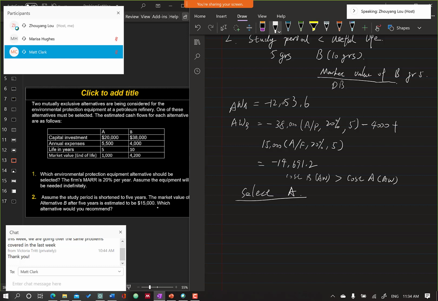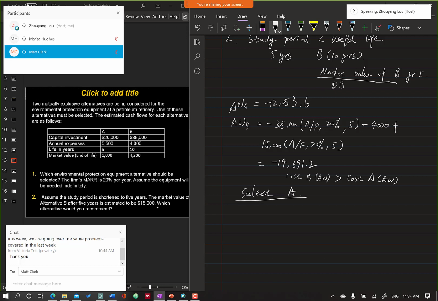To summarize, for the first part with unequal life and the repeatability assumption, we can use the annual worth method. That's a perfect match for this kind of problem setup, and we can compare the annual worth of different projects to select which is better. For the second problem, the point is that the useful life of some project is greater than the study period, so the project will end earlier.